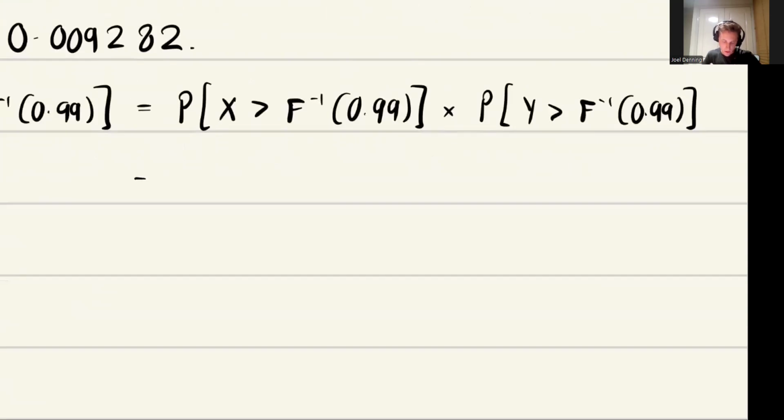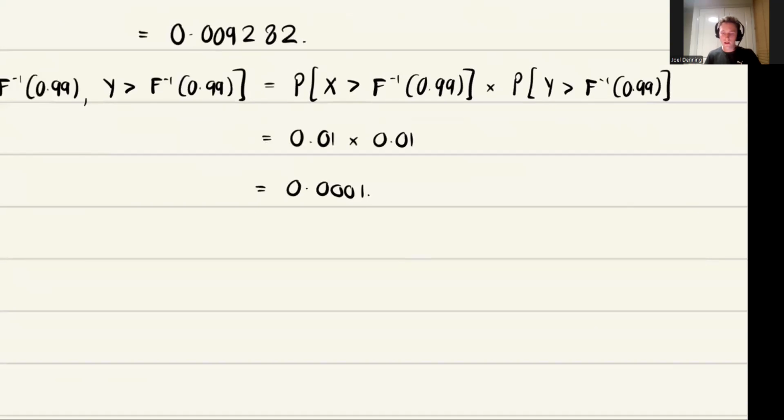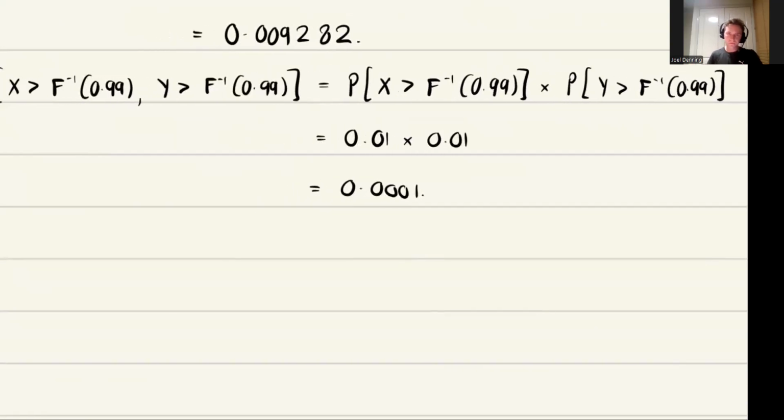Right, and then hopefully you agree that each of those is just 0.01. So therefore, we have 0.0001. That's our probability under independence.